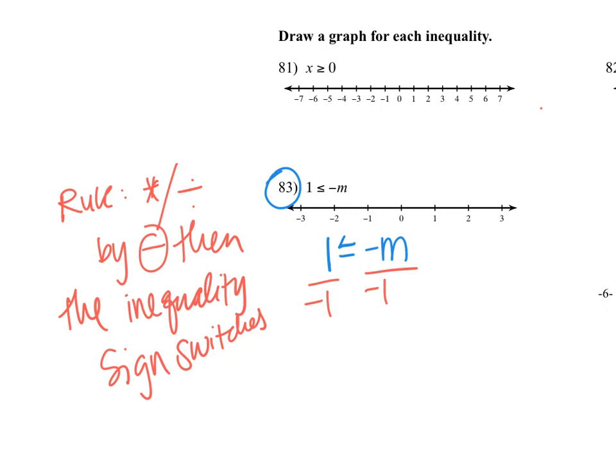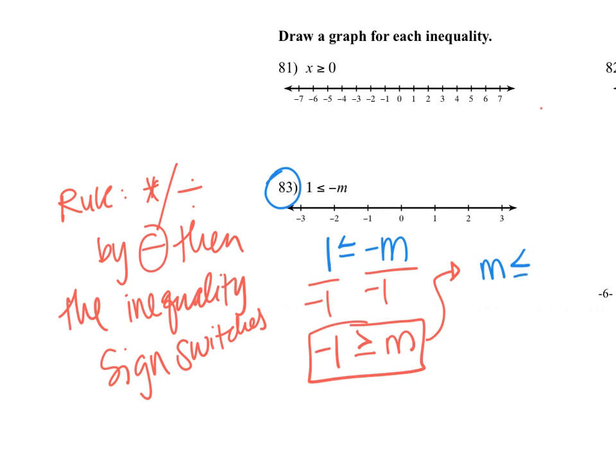So in this case I divided, so now I have m left over, my inequality sign switches, and I have negative 1. Now if you don't like the variable on the right side, and most teachers do not, most SAT tests in general have the letter on the left side, so we're just going to rewrite it. It is pointing towards the m, so I'm going to keep the inequality pointing to the m, and then I have my answer.